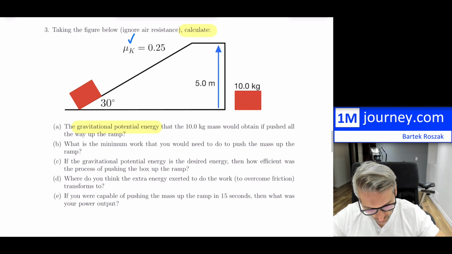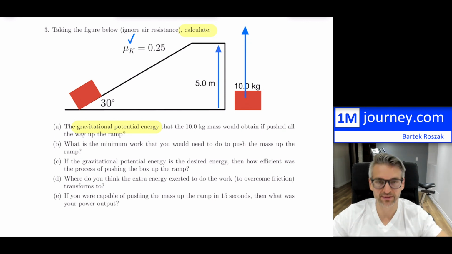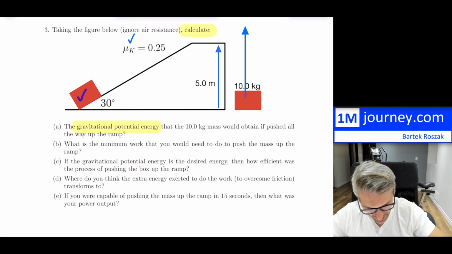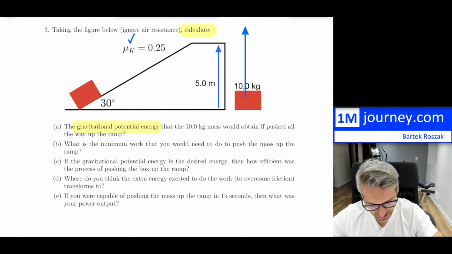What's the gravitational potential energy of any object? It doesn't matter if there's a ramp or not. All you need to know is what the height is relative to. Here, I'm assuming the gravitational potential energy is relative to the surface that it's on. Either this box or this box, doesn't matter, they're both at the bottom point. So you're going to be lifting this up and it's going to be 5 meters above the ground.